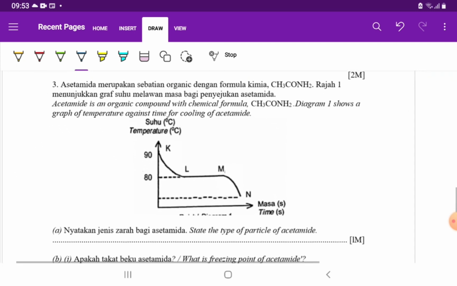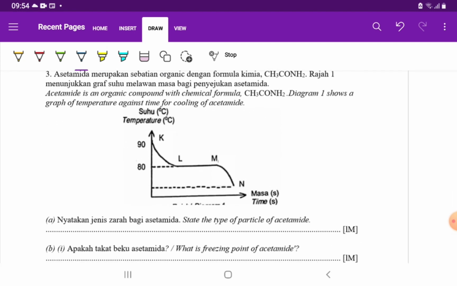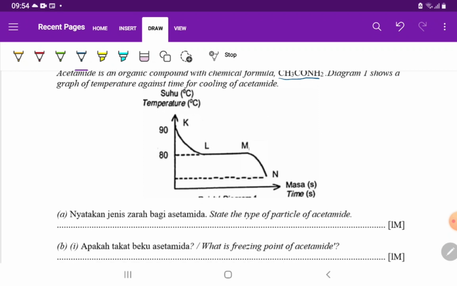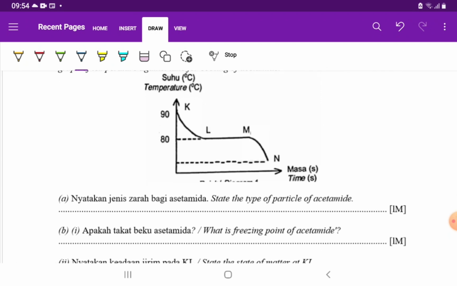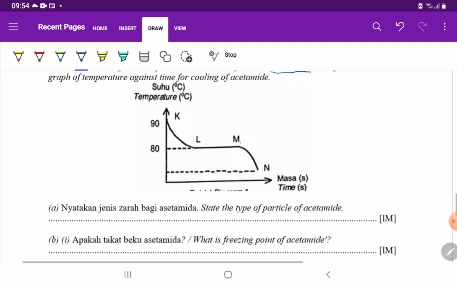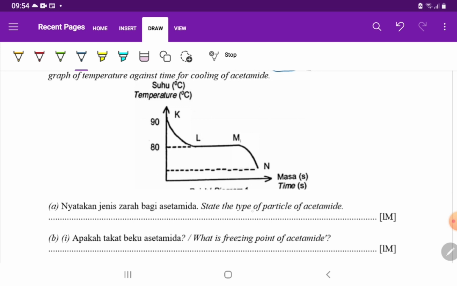Next question. Acetamide is an organic compound with the formula given to you. The diagram shows temperature against time. Acetamide here has carbon, hydrogen, carbon, oxygen, nitrogen, hydrogen. What are the particles? Remember, if the question asks you about particles, your answer should be atoms, molecules or ions.